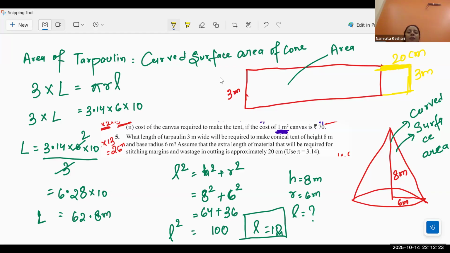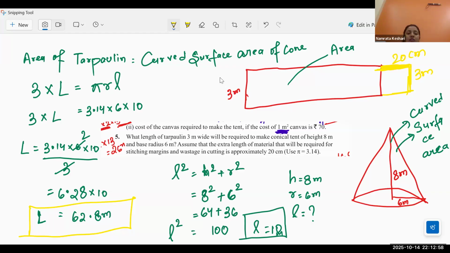I will cut down the sheets and have a proper structure, and then I'll make the cone. Whatever cutting part is going and the wasting part is going, that is fine, that is going in the garbage. But the part which I am using to make the cone, that length we have found as 62.8. Making sense or not? Yes, ma'am.